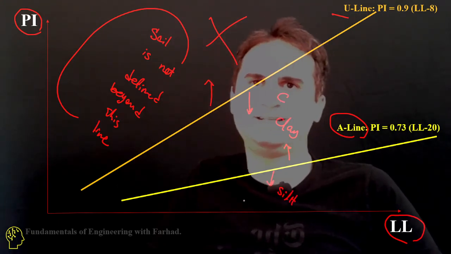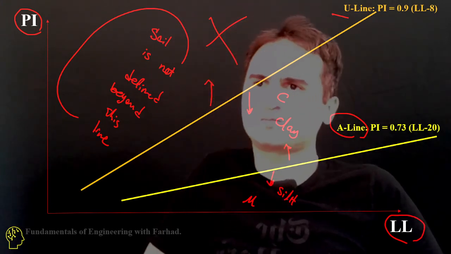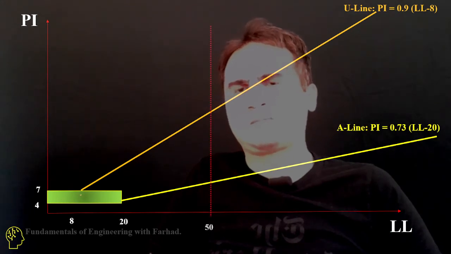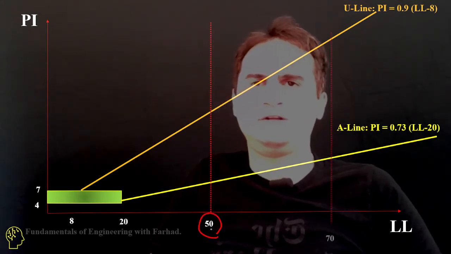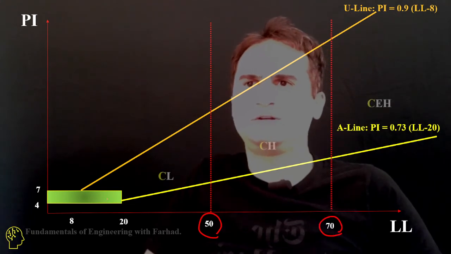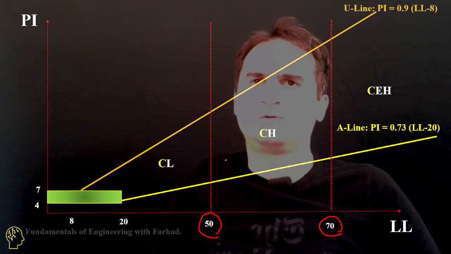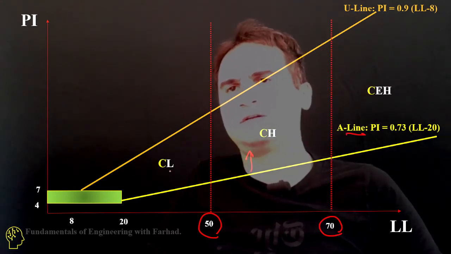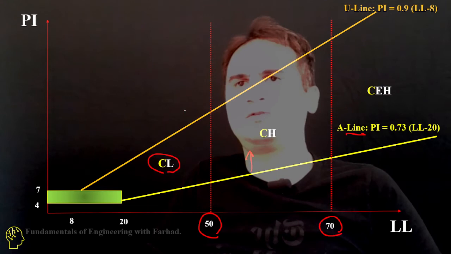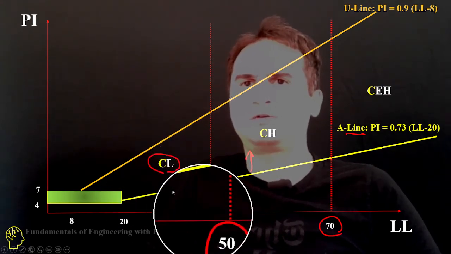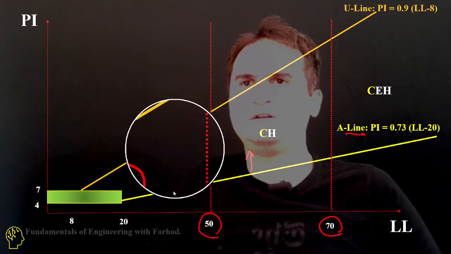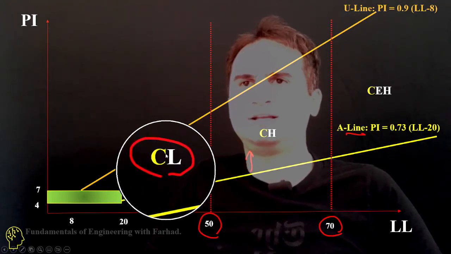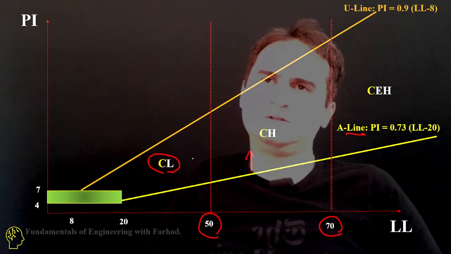So this is C, this is M. At liquid limits of 50 and 70, above the A line, we have regions. CL means if your liquid limit is less than 50 and you're above the A line, that's clay with low liquid limit.